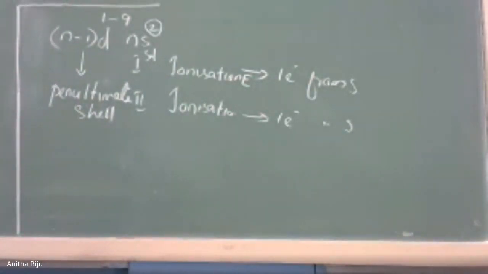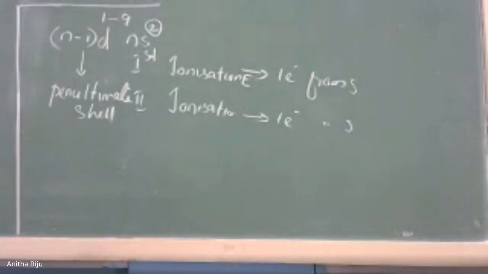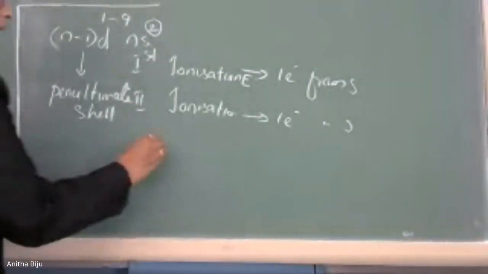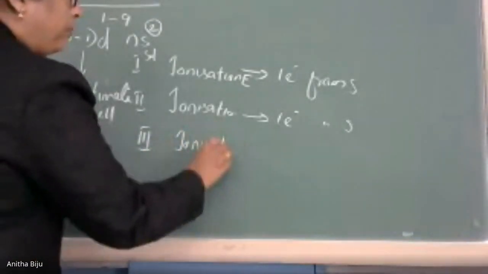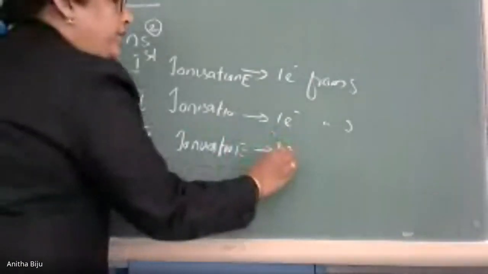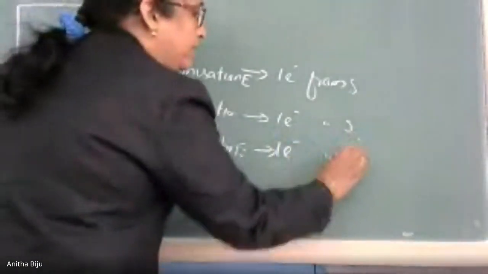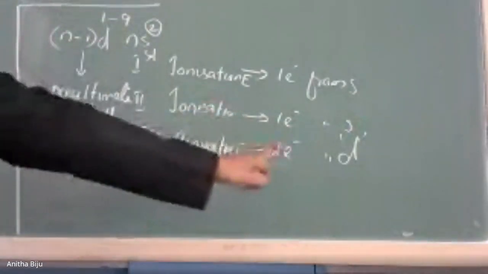Because of that, extra energy is required to remove electron from the penultimate shell. So studies prove that when we take third ionization enthalpy, one electron is taken from D subshell.